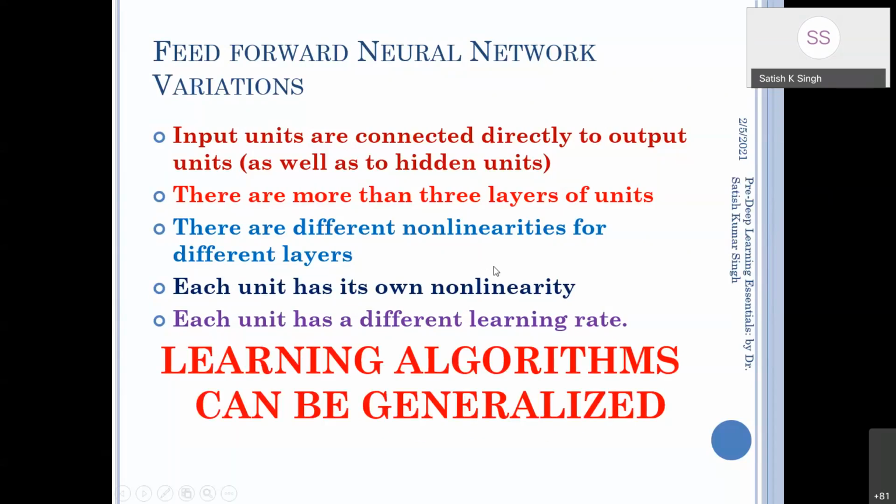But if we have this kind of flexibility, learning algorithms can be generalized. It means we can develop learning algorithms for a variety of problems, or in crude words, for all sorts of problems.